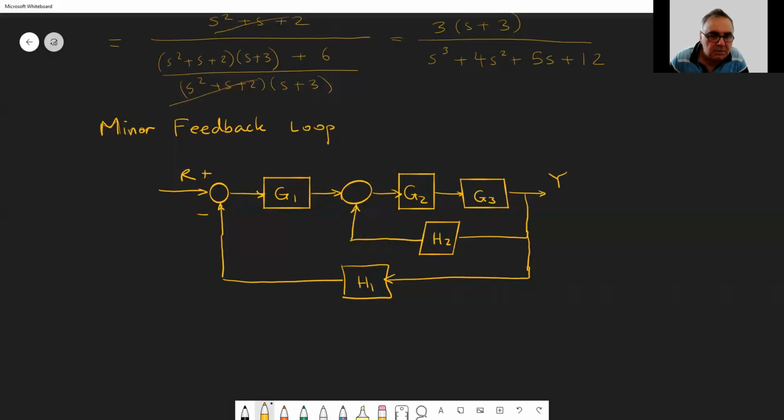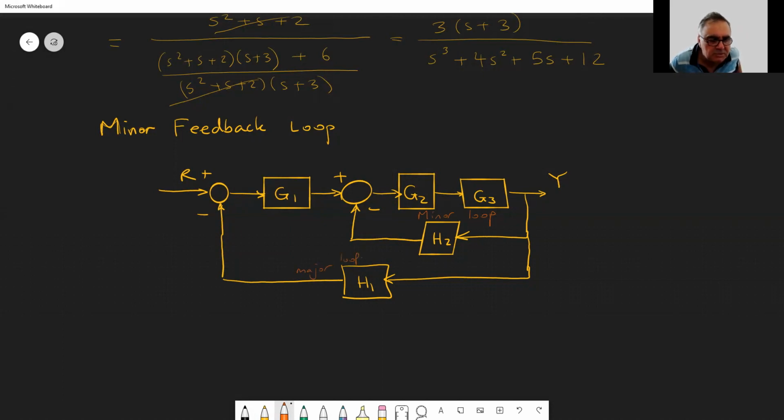This is Y. This is minus, this is plus. And as you see here, this is another block diagram where you have two feedback loops. This is called the minor feedback loop. Minor loop. And this is kind of the major loop, if you like. Major loop.